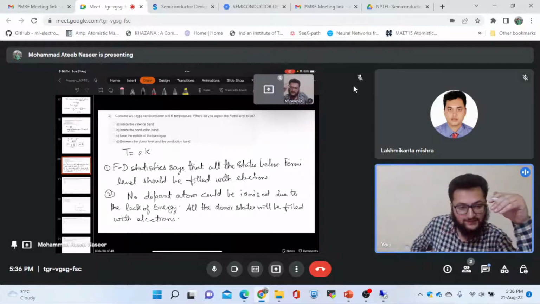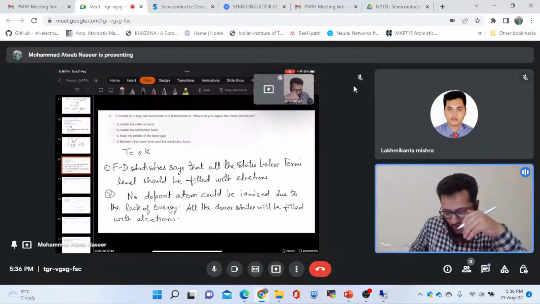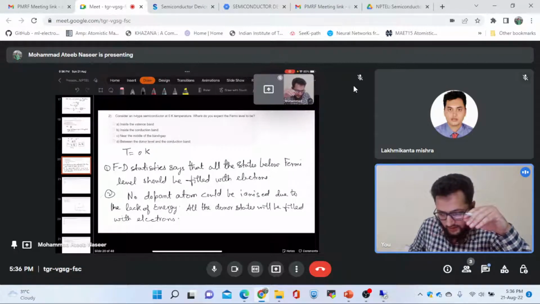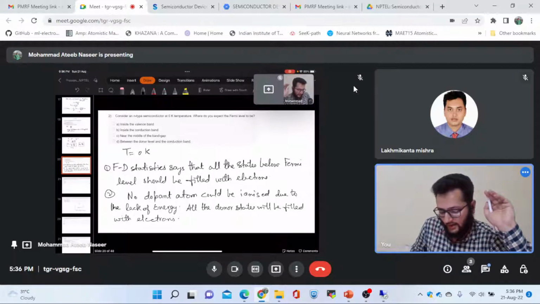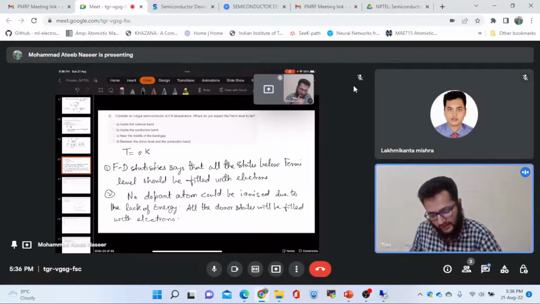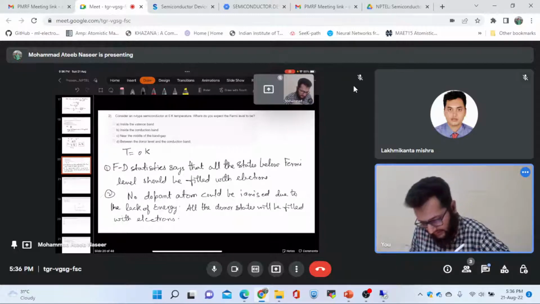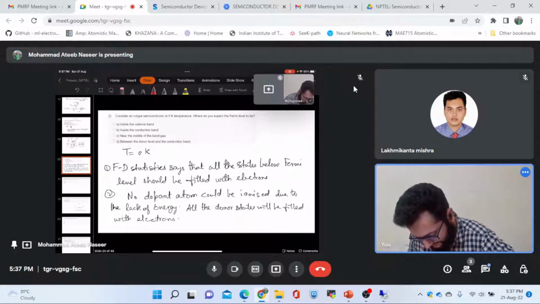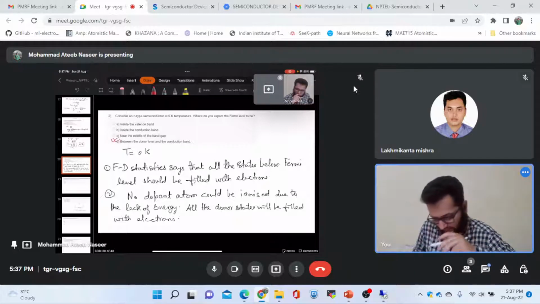This means that the Fermi level has to be above the donor states. There is no talk about degeneracy, and clearly option D will be the best option to select, because we are dealing with an n-type semiconductor and the donor levels have to be completely filled with electrons. So the Fermi level will lie somewhere between the donor level and the conduction band edge. So option D is the correct option to go with.